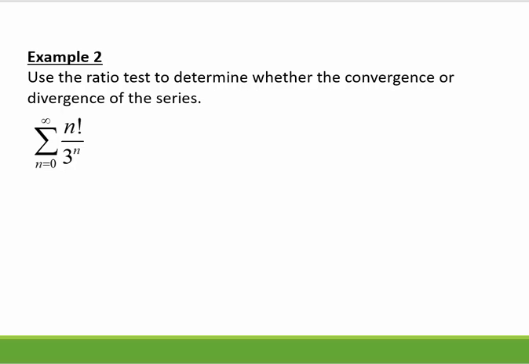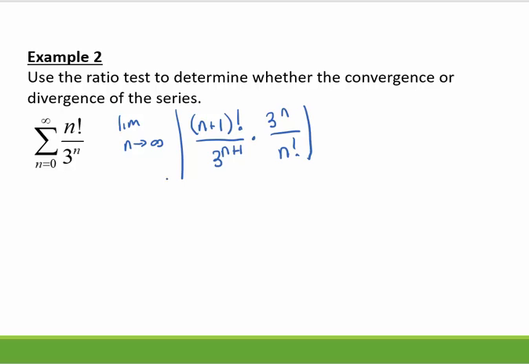Okay, another example. The ratio test is also really helpful if you have factorials. So let's do a factorial example. n plus 1 factorial is like saying n plus 1 times one number less than that, which is n factorial, times 3 to the n.